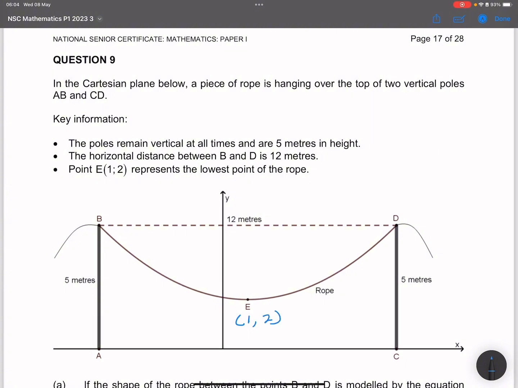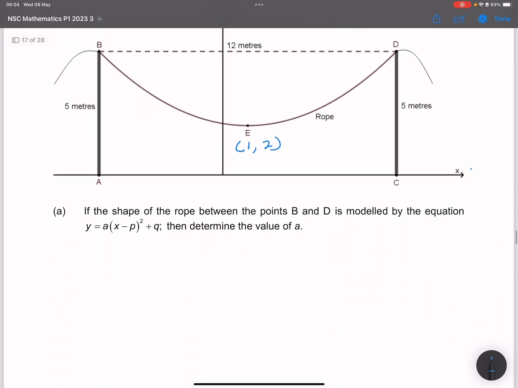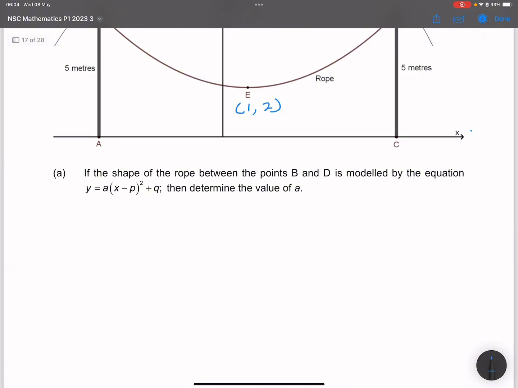Okay, and in this case, they've given us the y-axis as well as the x-axis at the bottom over there. Right, so they say if the shape of the rope between the points B and D is modeled by the equation y equals a(x minus p) squared plus q, so that's the equation of a parabola, then determine the value of a.